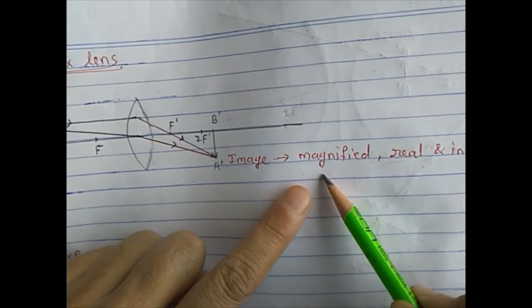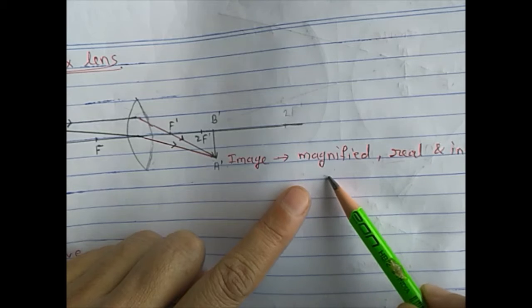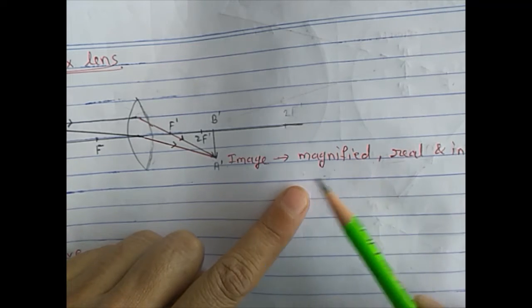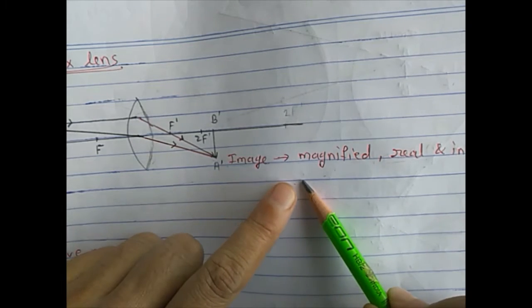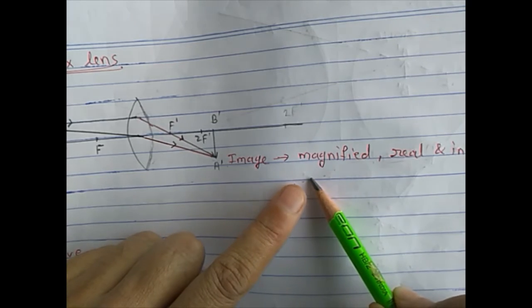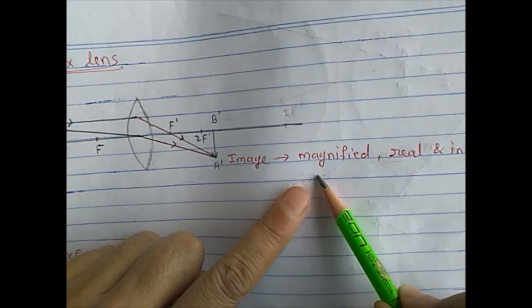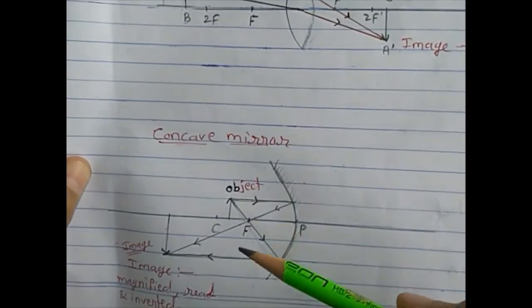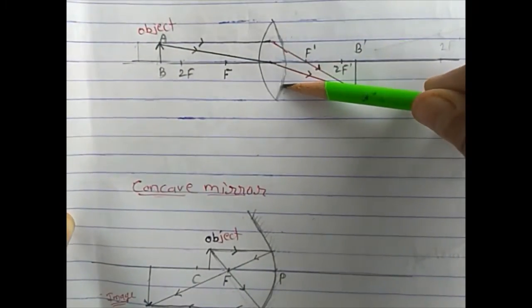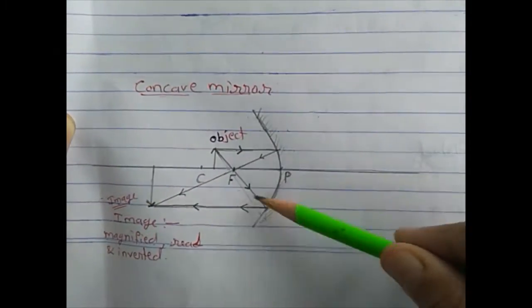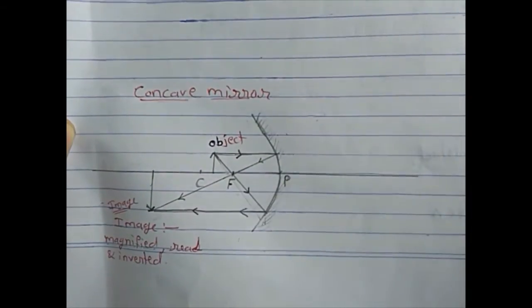Sometimes we get a magnified image, sometimes we get a diminished image. Also real and inverted image we get. Again sometimes virtual and erect image also we get. So here convex lens and concave mirror show the same properties of images.